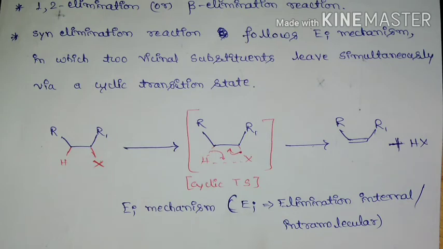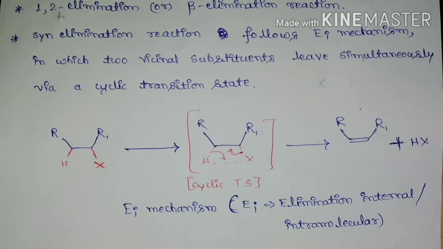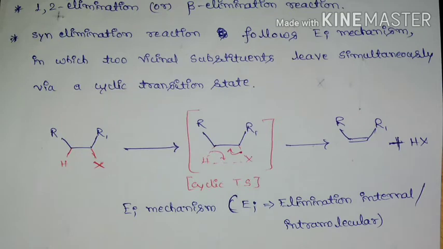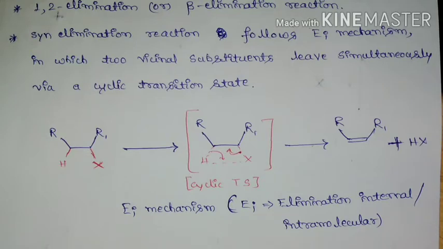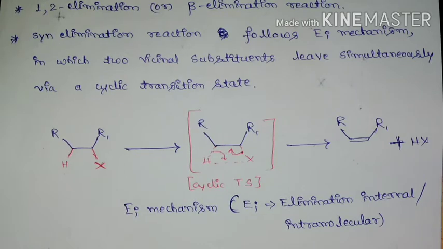Here Ei stands for elimination internal or intramolecular, and this syn elimination or Ei mechanism leads to the formation of alkenes. So if vicinal substituents leave simultaneously via a cyclic transition state through the Ei mechanism, it leads to the formation of alkene.